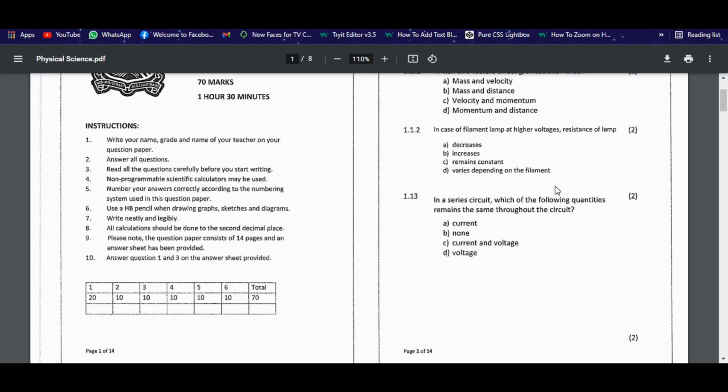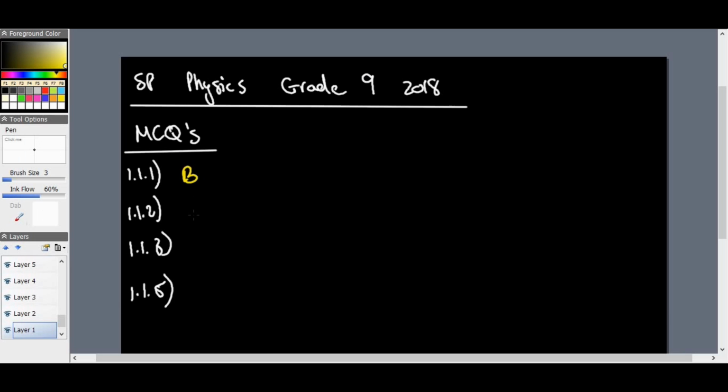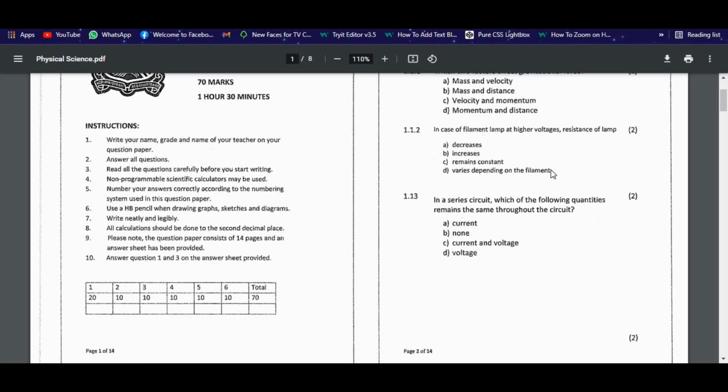So one of the options that I think, the resistance of the lamp at higher voltage, depending on the filament, should not change if the voltage is increased. So I'm going to say option C, because the filament comes ready to handle only a certain amount of voltage. But something's pressing me in my brain to maybe check this question again.